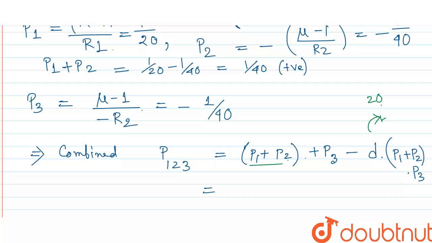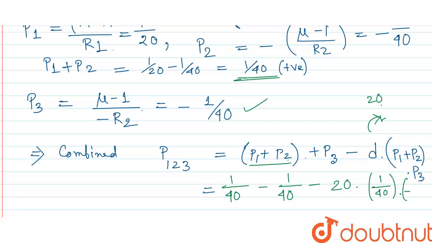P1 plus P2 we already got as 1 by 40. Then minus 1 by 40. Then minus 20, D is already given, then P1 plus P2, again 1 by 40, into minus 1 by 40.